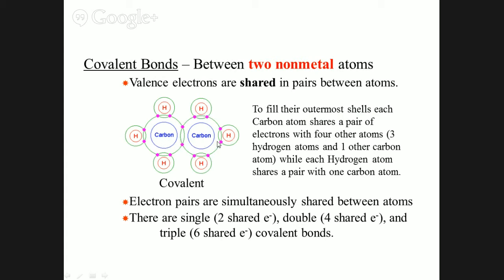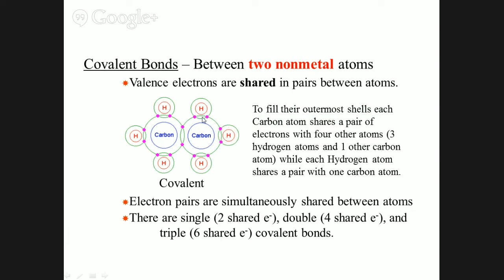But in so doing, it basically locks 2 electrons in a single bond between the carbon and the hydrogen. They're not free to move all over the place. Covalently bonded molecules will not conduct electricity well. Their electrons aren't free to move.